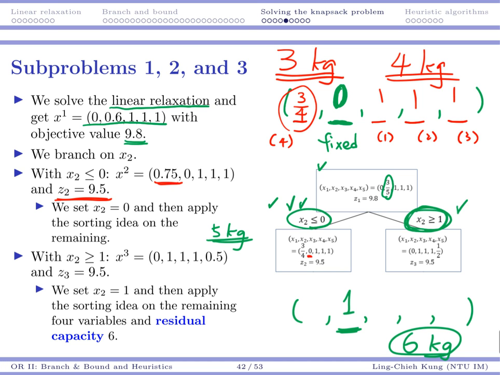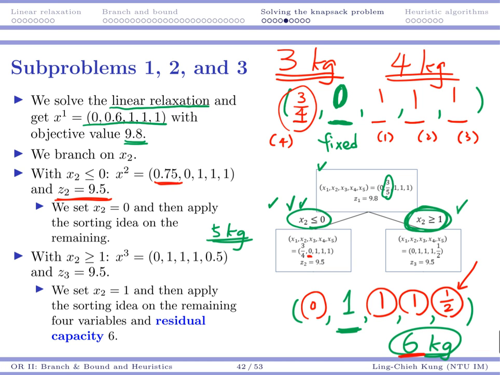You're going to ask yourself, what's the best way to choose among the remaining 4 items when you only have 6 kilograms? So you're going to take the whole item 2, item 3, the whole item 4, and now when you are talking about item 5, you already run out of capacity. So for item 5, you only take 1/2 of it.